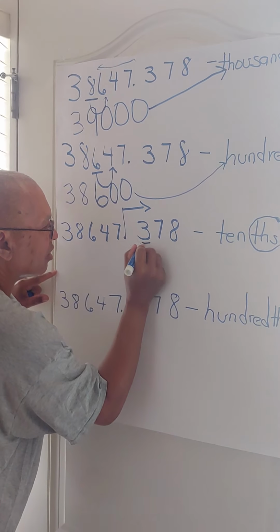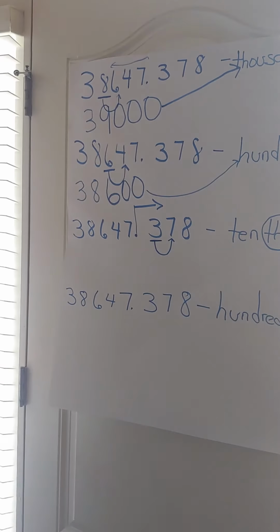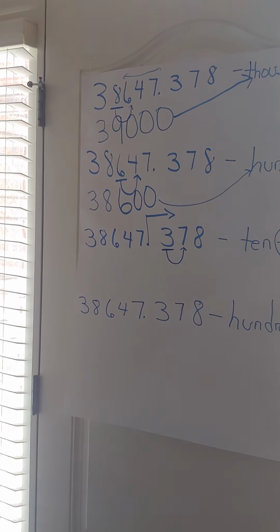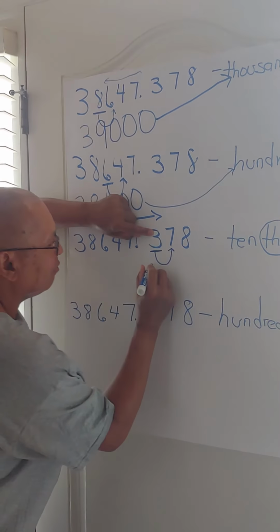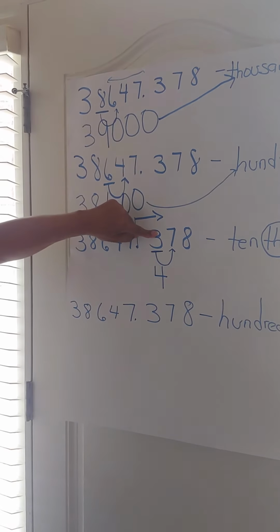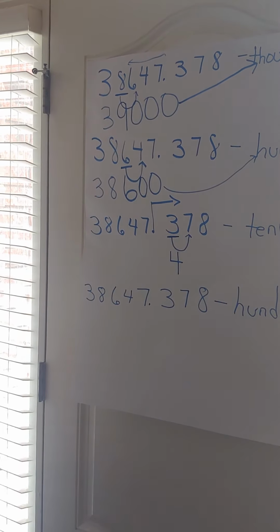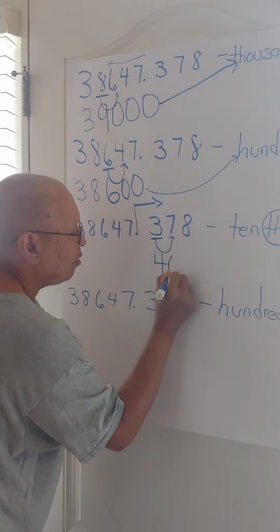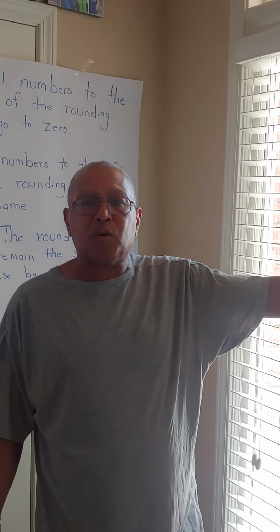Here's my tenths. I look at the number, always the number to the right. That number is 5 and above. This number goes to 4. Now notice the numbers to the right go to 0. You can, or you don't have to. If you feel comfortable putting those zeros there, you can because you're on this side of the decimal place.